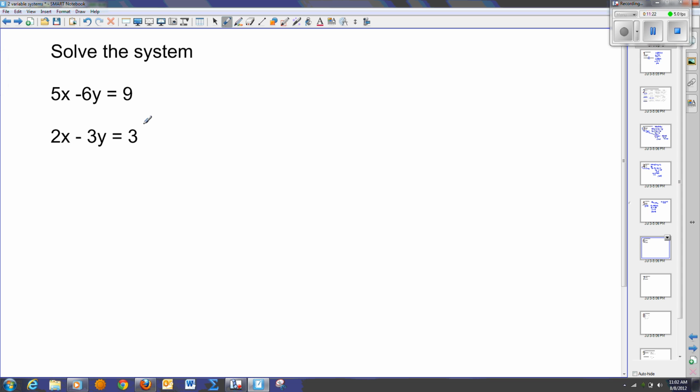I can do whatever I want to either side of the equation. If I look at this bottom equation and I want to use elimination, that means I want to get variables to match up. Well, 2 doesn't go into 5, but I know 3 goes into 6. And it would be nice if I could have opposites so that they could just add away. So in order to make opposites, I'm going to multiply both sides of this equation by -2.